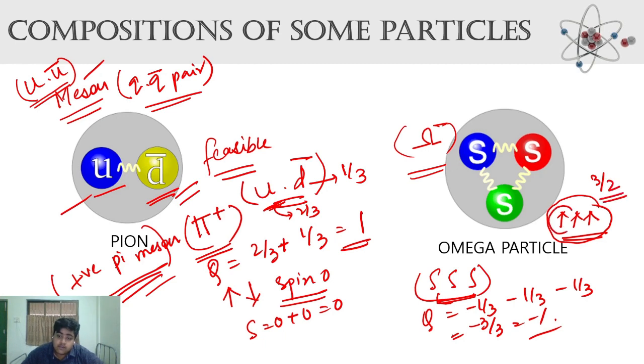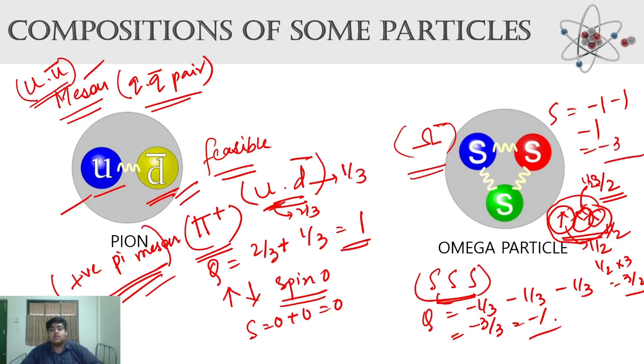Each of these is half, this is half, and this again is half. So half into 3 is 3 by 2. And the strangeness of the strange quark is negative 1, minus 1, minus 1, which is minus 3. So this is for the omega particle.